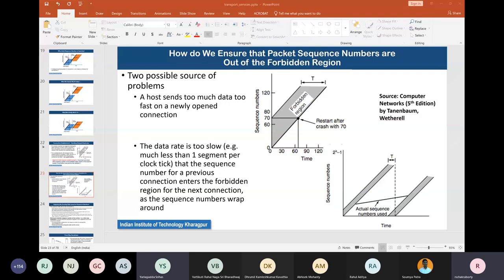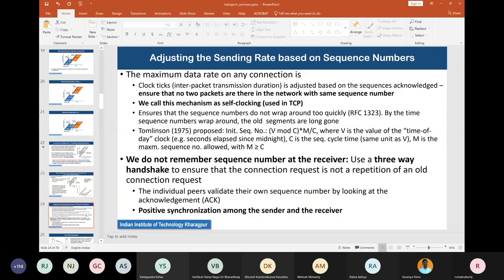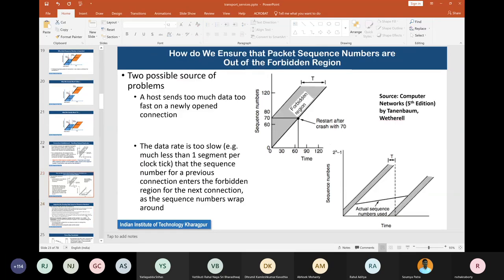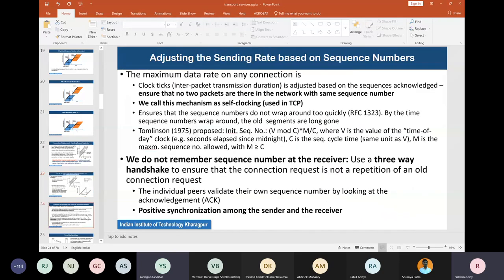It's still stuck on slide 23. Hello? Sir, it's still stuck on slide 23. Can you see which slide you see now? Yes, sir, 23.